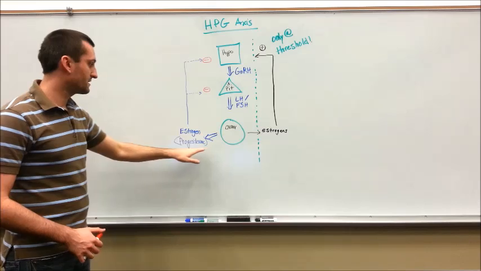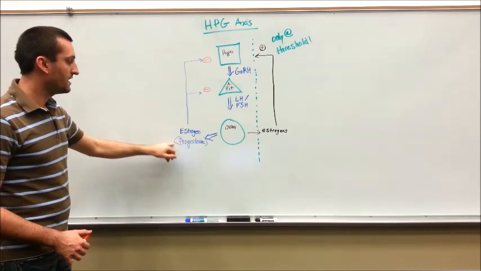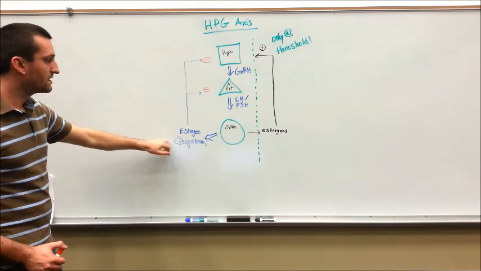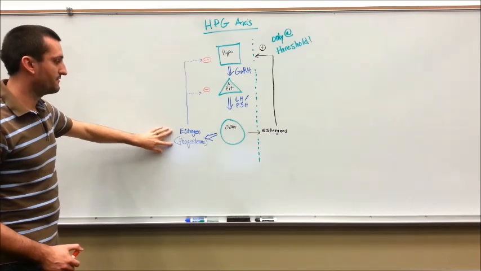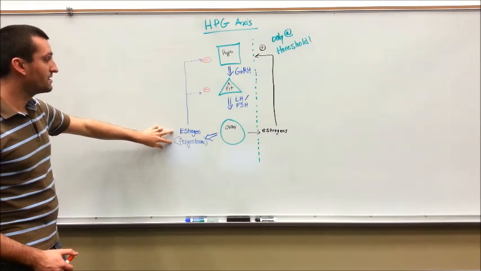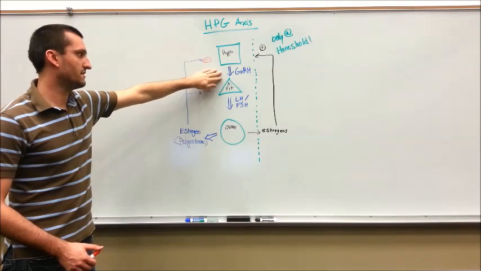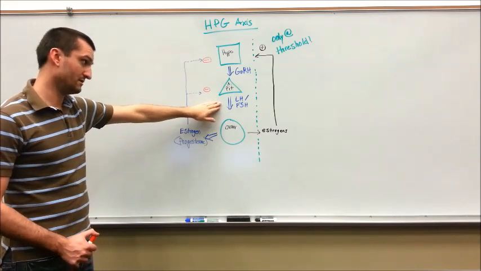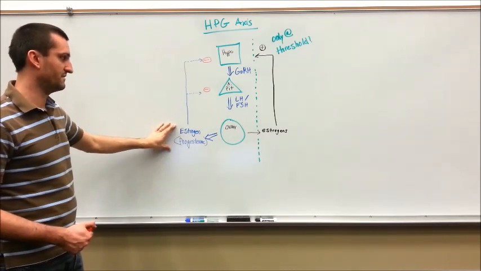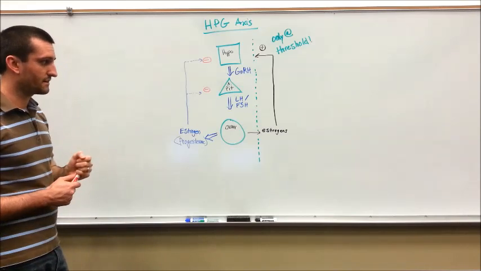The ovary is then going to produce estrogen, and also sometimes progesterone. And when you have excess estrogen and progesterone, you're going to have a negative feedback, so it's going to stop the release of gonadotropin-releasing hormone and luteinizing hormone. So that way you don't get too much of this. That's going to be a typical scenario.